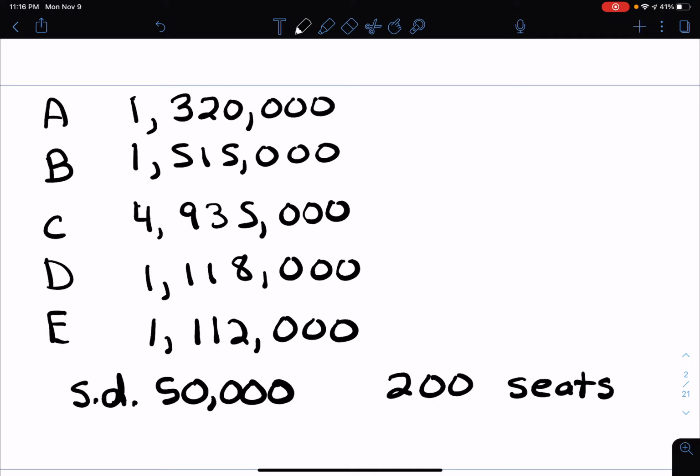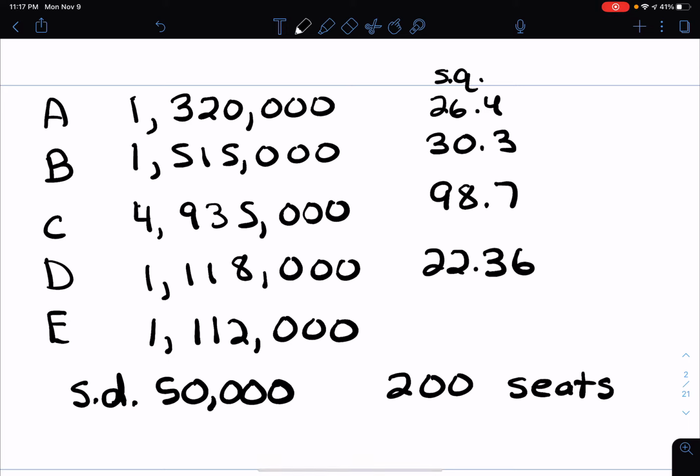When we worked with this before, we took those populations and divided by the standard divisor to find the standard quotas. You can go back and compute these yourself: 1,320,000 divided by 50,000 and so forth. But you get 26.4, 30.3, 98.7, 22.36, and 22.24.